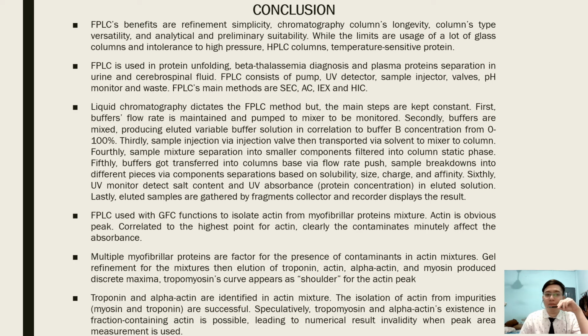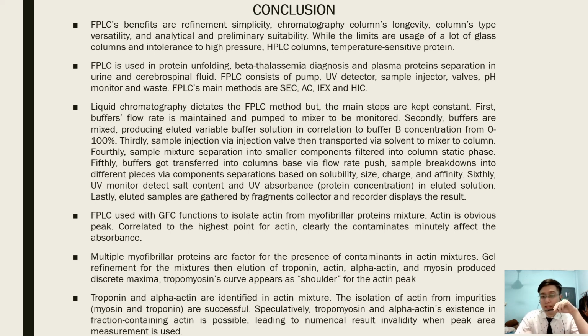Thirdly, sample injection via injection valve will then be transported via solvent to the mixer and then to the column. Fourthly, sample mixture separation into smaller components filtered into the column static phase. Fifthly, buffers get transferred into the column's base via flow rate push.